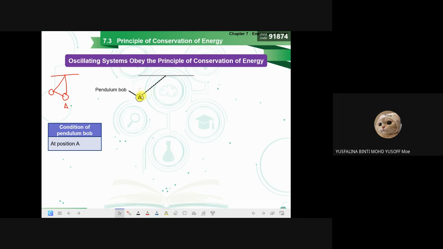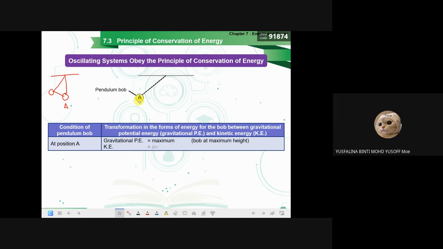When you lift up the pendulum bob to a certain position, at position A it will have gravitational potential energy because the position has changed. If you don't apply a force to the pendulum, it will stay at the middle here. Then you lift it up, and the position is different now. So at point A, it has gravitational potential energy. The gravitational potential energy is maximum at A, but kinetic energy is zero.